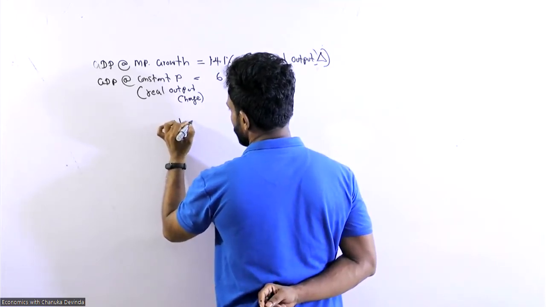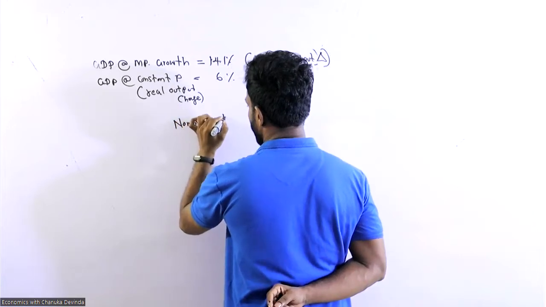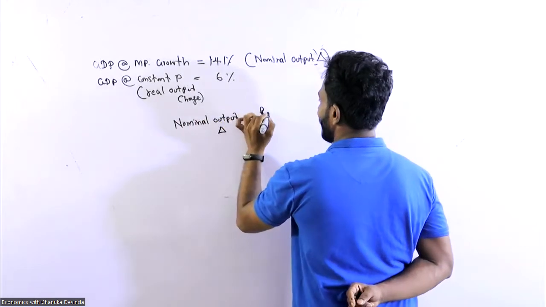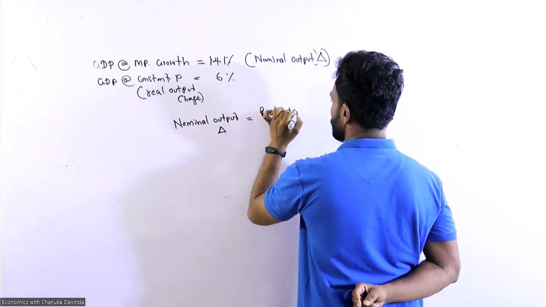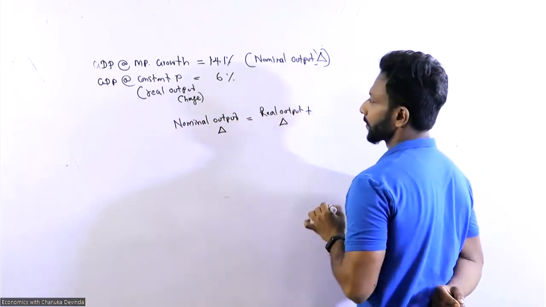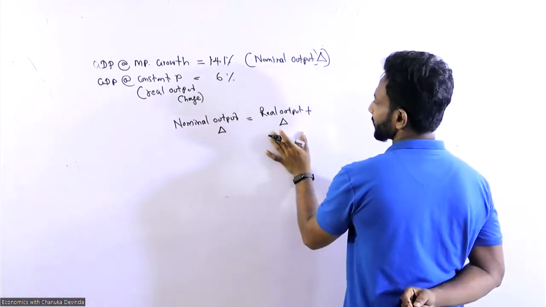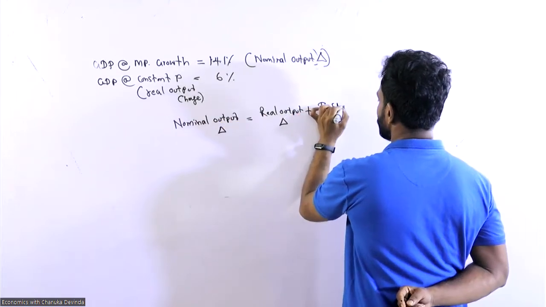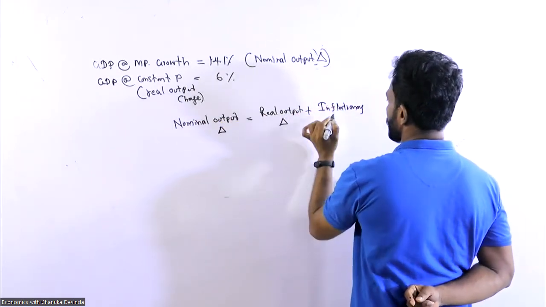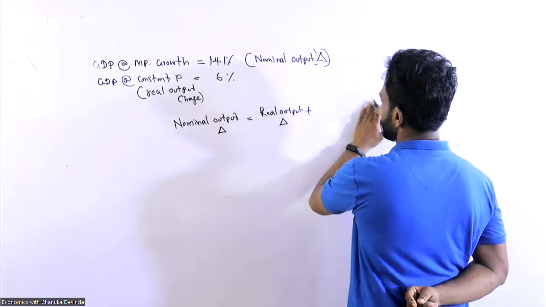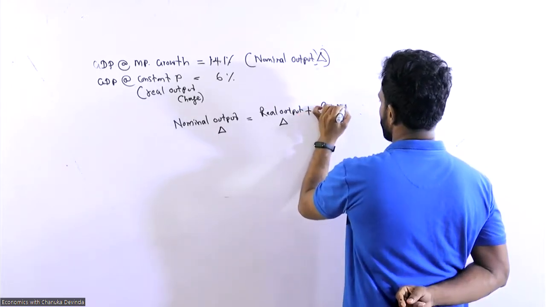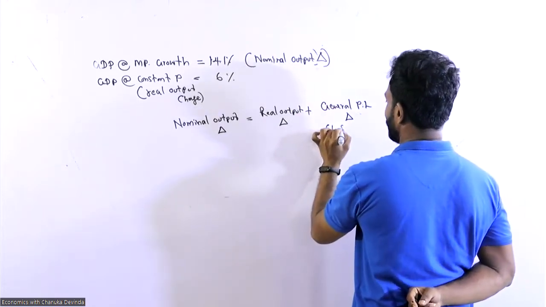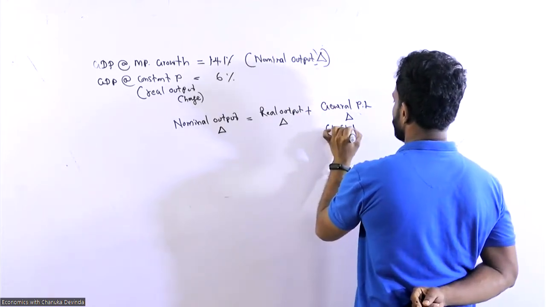Nominal output change equals real output change plus what? Inflationary or general price level change. Yes, general price level change. So this can be identified as inflation.